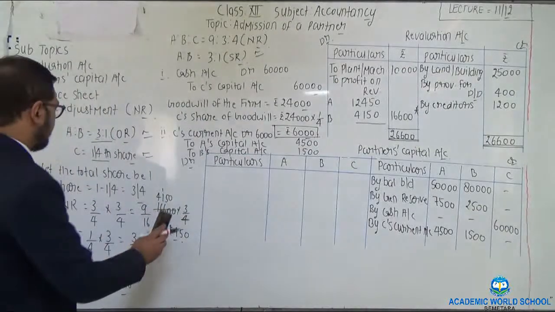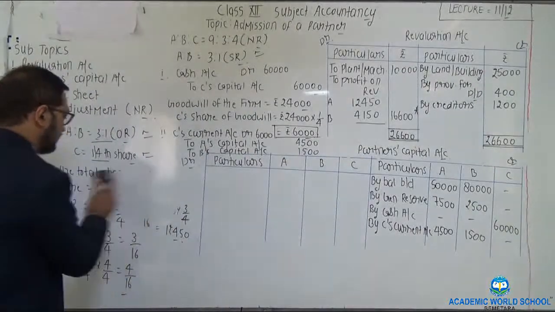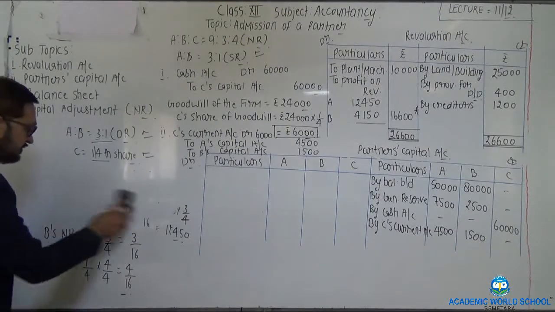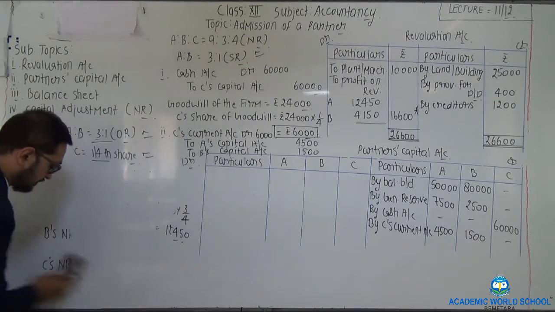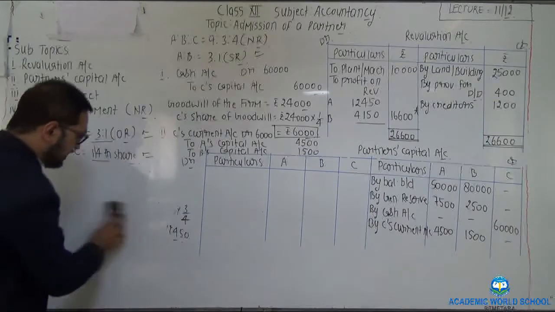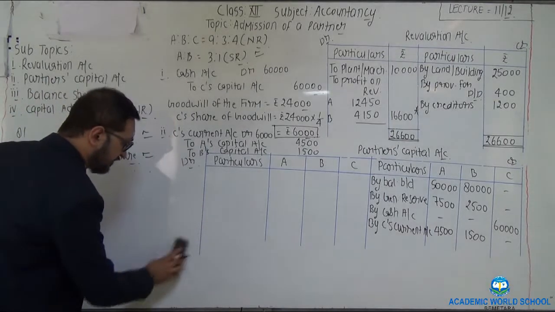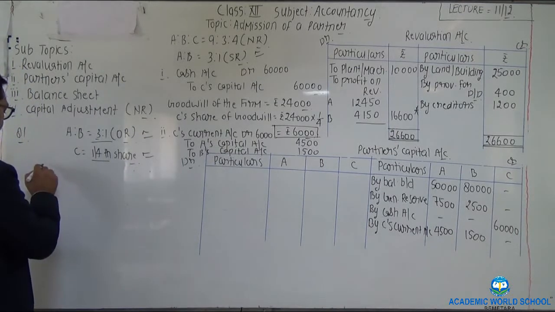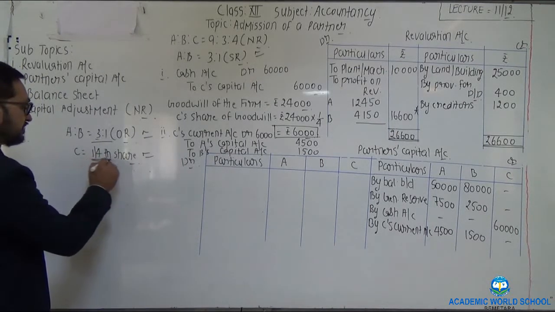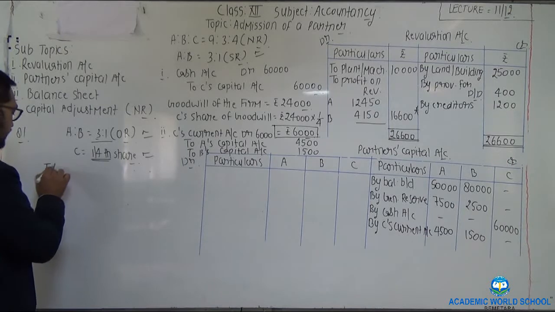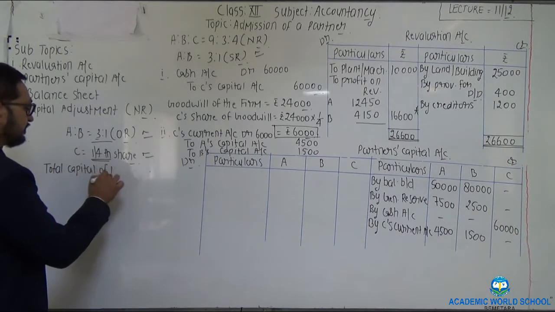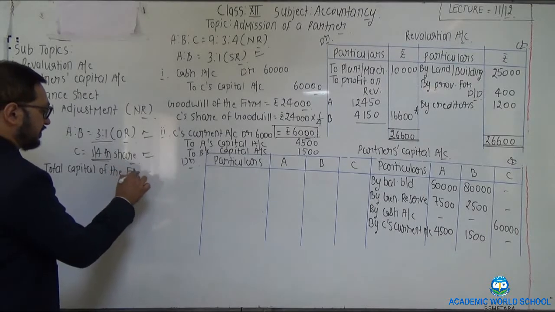Capital adjustment in this question is based on the new partner's capital. As the new partner is bringing 60,000 as his share of capital for a 1/4 share, you need to calculate the total capital of the firm.